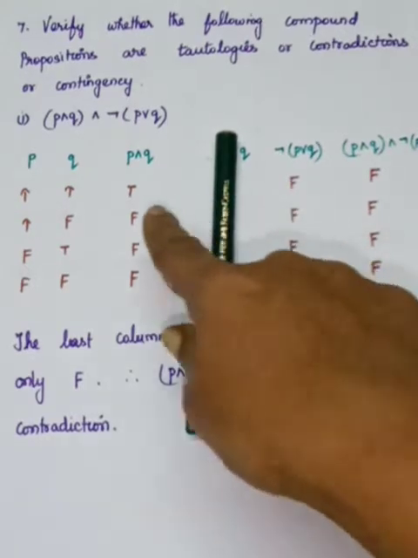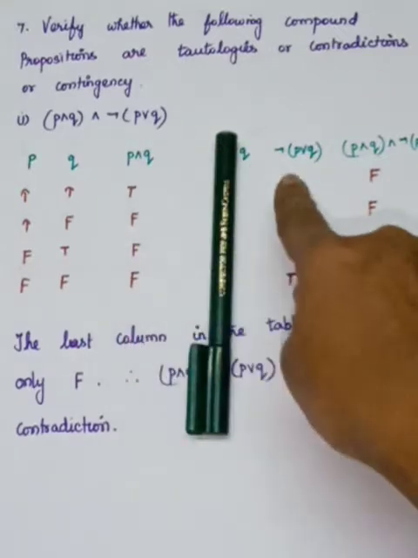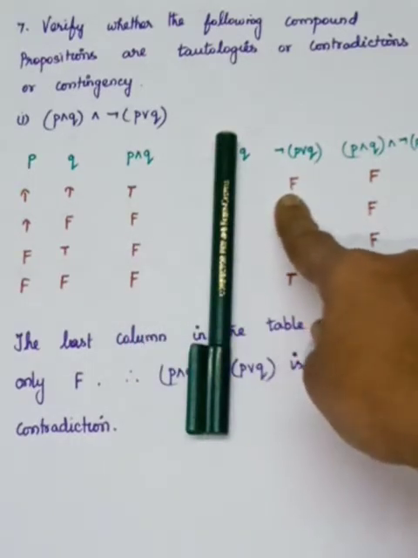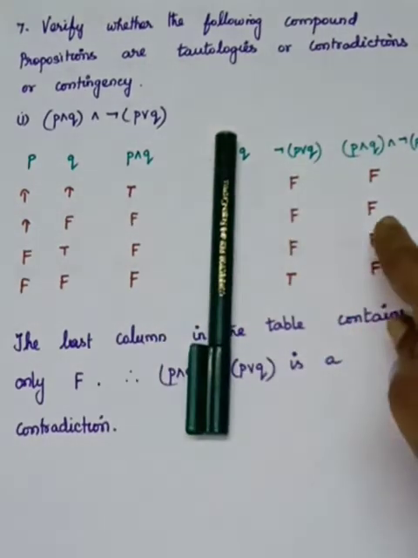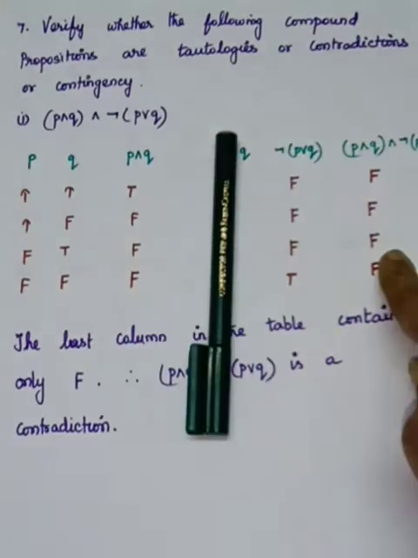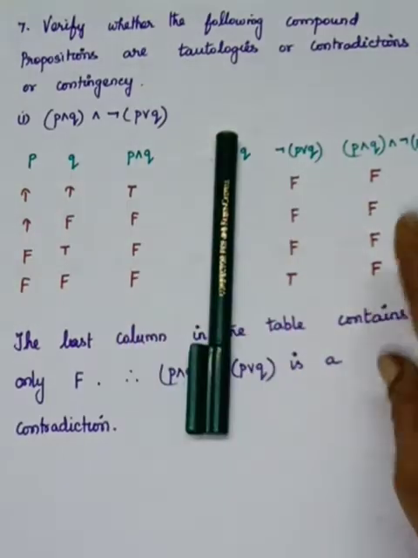Otherwise it is false. Here it is true, here it is false. One is true alone, but 'and' means both must be true, so here it is false. Here false, false, so it is false. False, false, also false. False, true, so it is false.